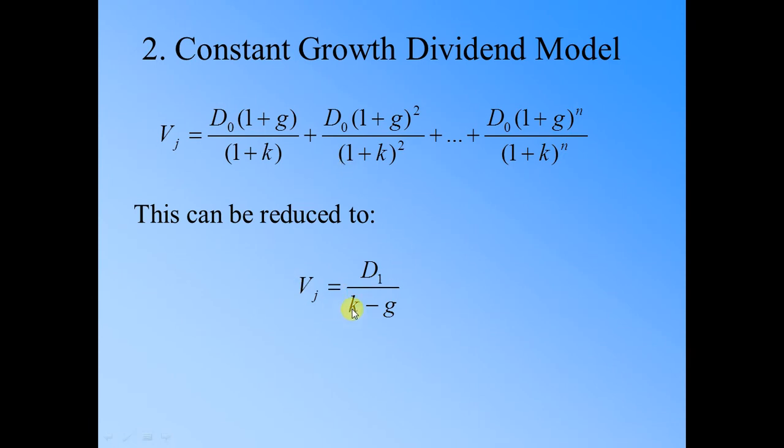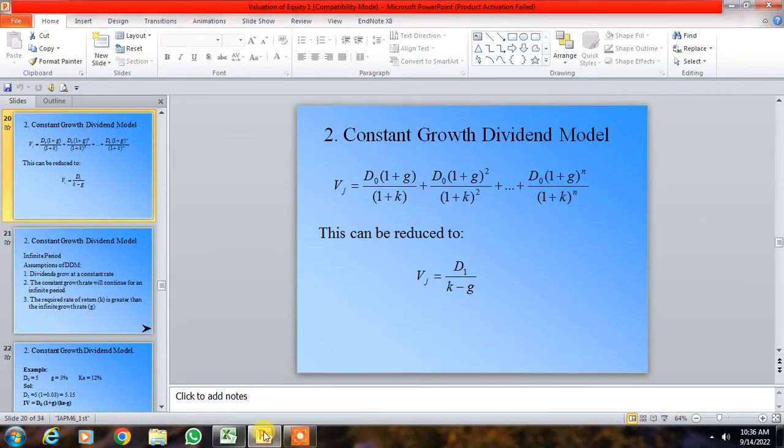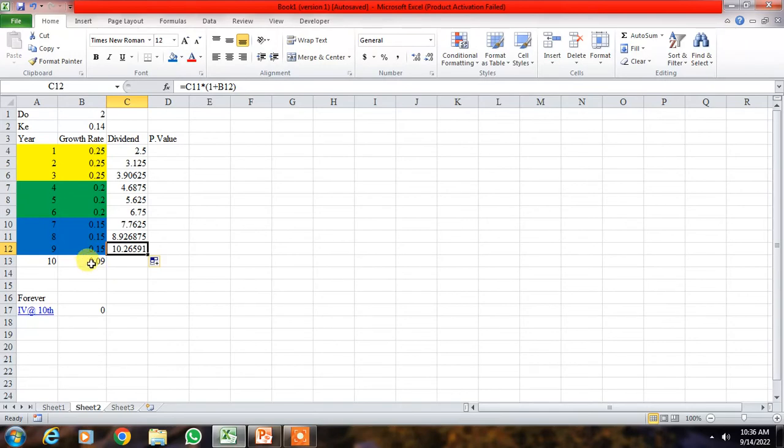We can use this formula to find out the present value of all those expected cash flows which are increasing by 9% forever. So by using this formula, we will find out not only the present value of the cash flows after the 10th year, but also the present value of all those expected cash flows.